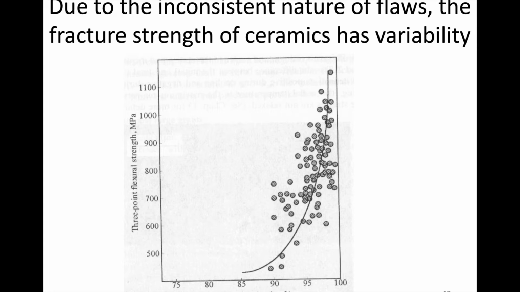In this case, we're talking about the 4-point flexural strength. You can see it here. All these dots are various flexural strengths as a function of density. So that's one way that it can vary, but also just flaws and so forth. Because of this inconsistent nature, traditional statistics don't work very well.